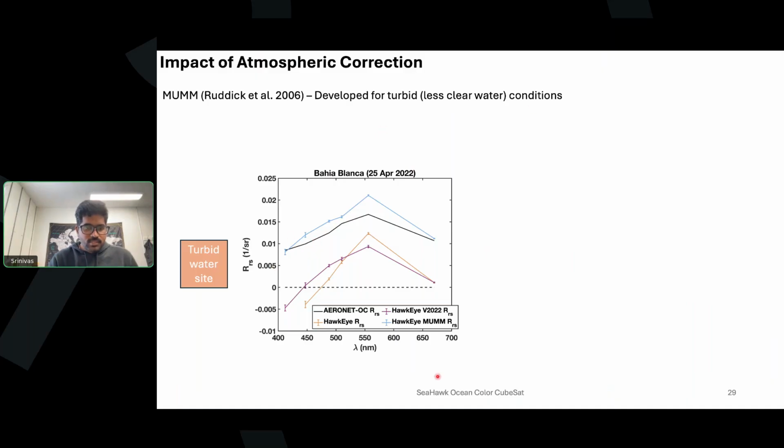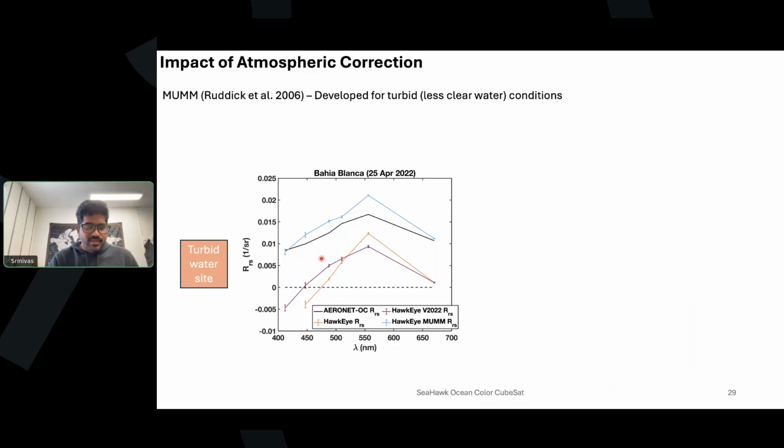So this spectral plot shows the black line, which is the AERONET-OC. This is the ground truth, and the general or standard processing of Hawkeye shown in here, which is in the yellow color. And after a while, there was another reprocessing of Hawkeye data, which is in purple color, and the Hawkeye data, which is corrected with MUMM correction, which is in the blue color.